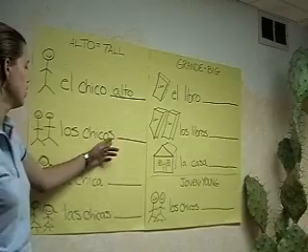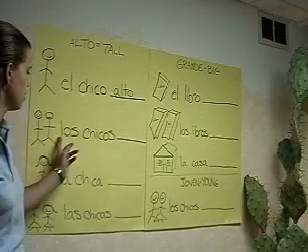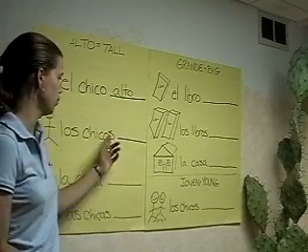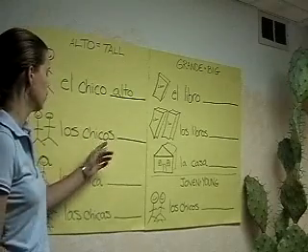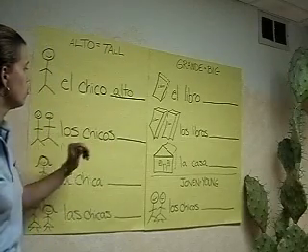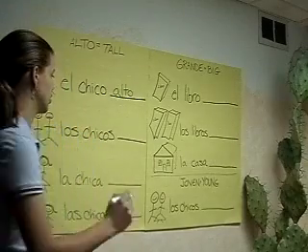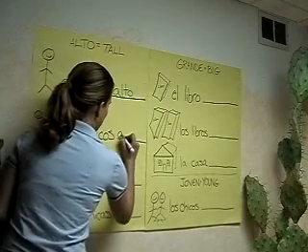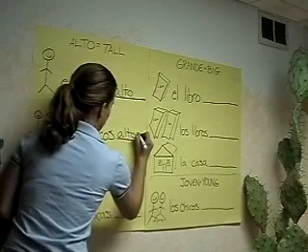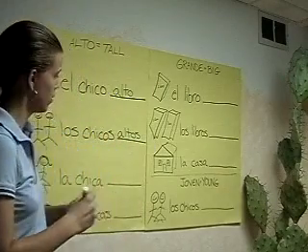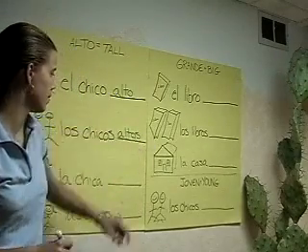Very good. Los. So it ends in an S, and we have the definite article los in the plural form, so we know that this is plural. We're talking about two boys here. So we're going to use the plural masculine form of the adjective, which in this case is altos. Same as this, but with an S at the end.